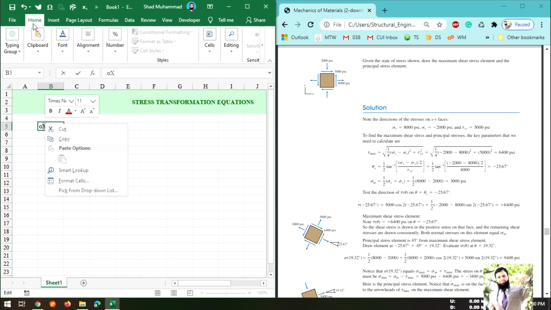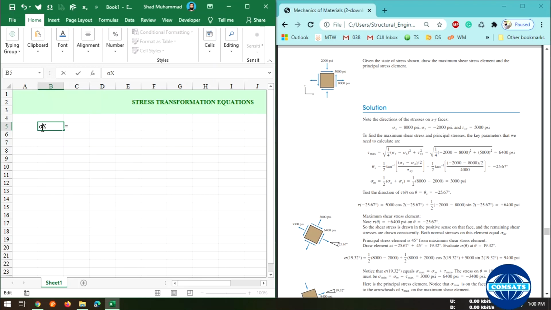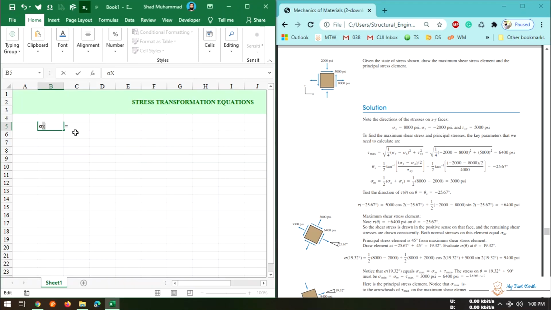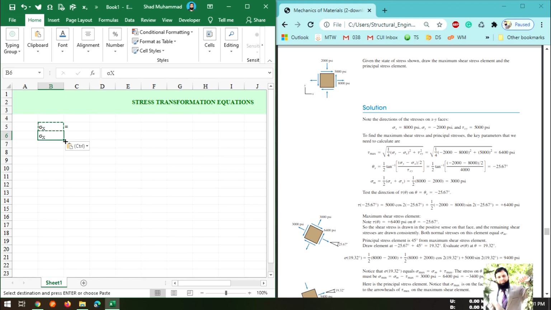Select this one, then format cell, subscript, make it subscript, and copy this one and paste it over here, and now you should change it to y.